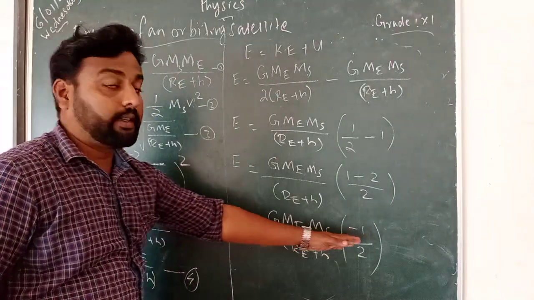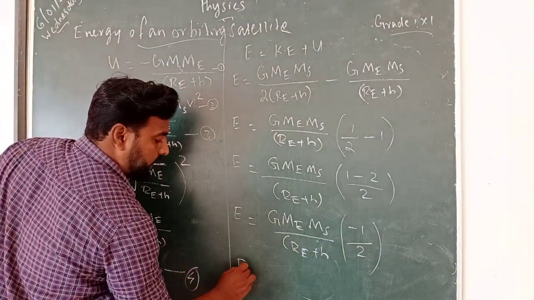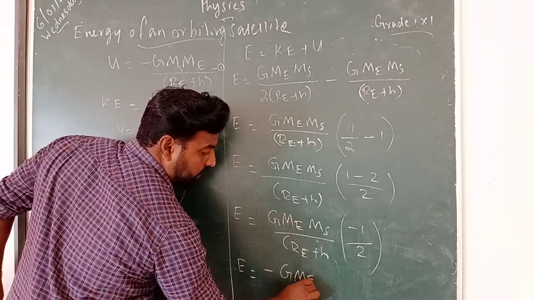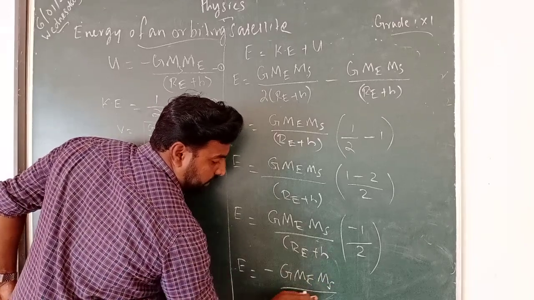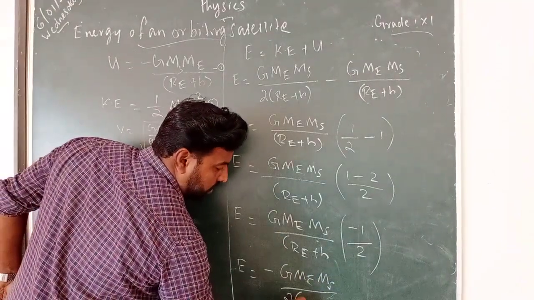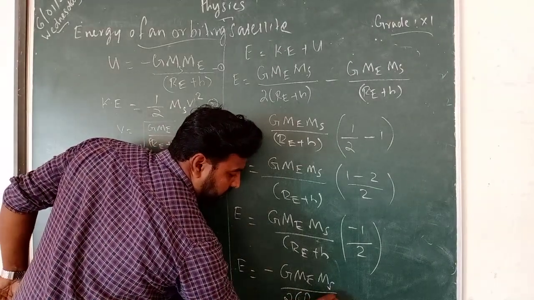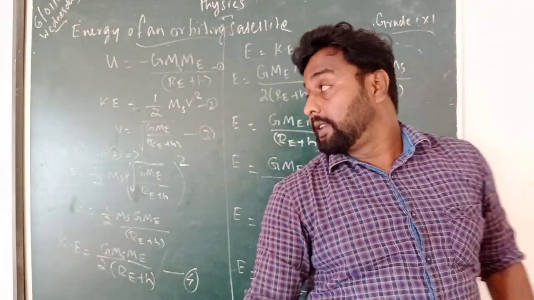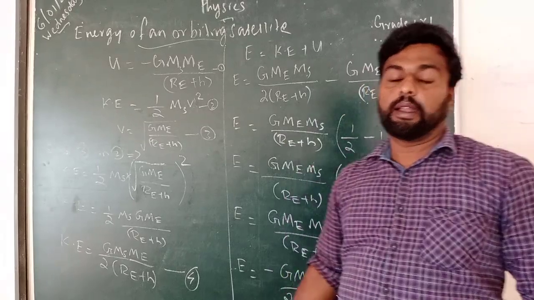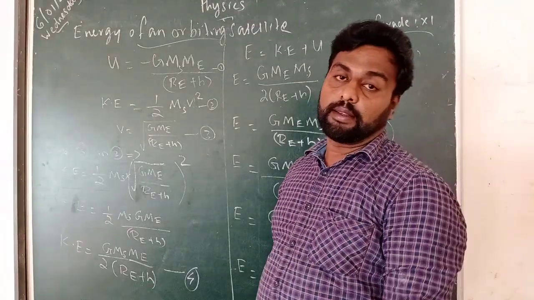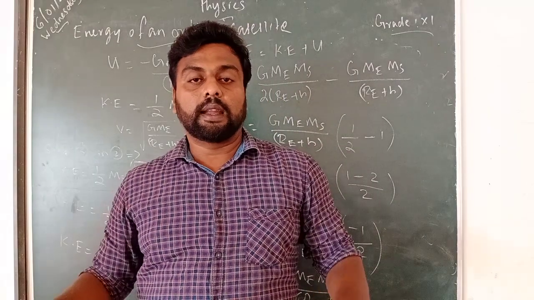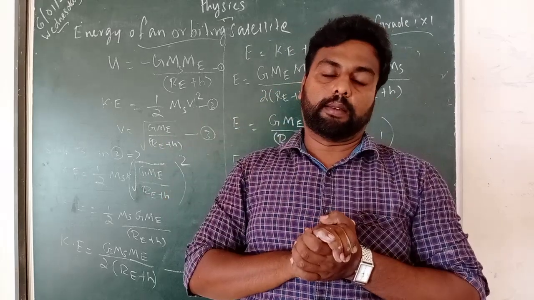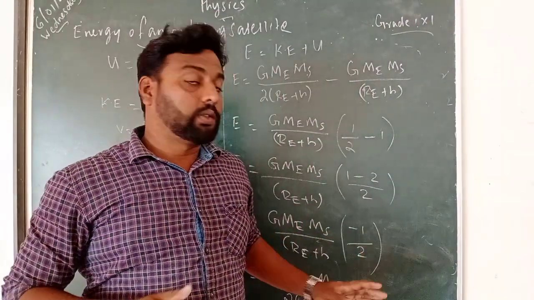Taking this minus 1 by 2 in front, E equals minus G ME MS by 2 into RE plus H. This is the energy of an orbiting satellite. This minus sign indicates that the satellite is not escaping from the Earth's surface; it is bound. It is what this minus sign shows.